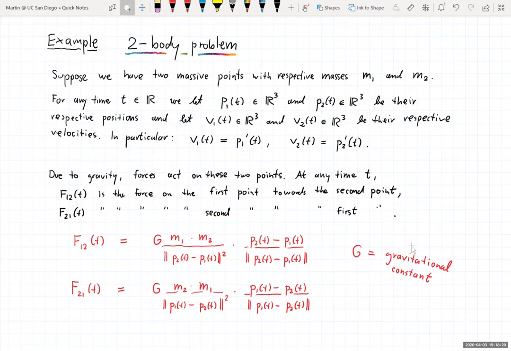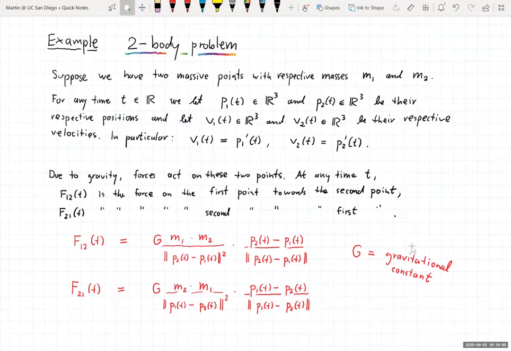In Newtonian dynamics, the velocity of every particle is also a three-dimensional vector, which describes the magnitude and direction of its velocity. We would like to keep track of those over time too. So we let v1 of t be a three-dimensional vector, and we let v2 of t be a three-dimensional vector. And these are the respective velocities of the first and the second particle.